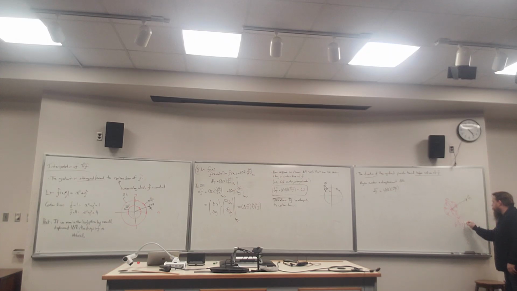A dot B equals AB cos theta. And so cos theta is maximized, its largest value is +1, and its most negative value is -1. So what we want is for this cos theta to equal +1, which means theta equals 0.